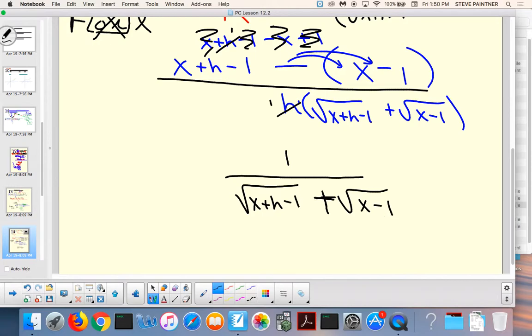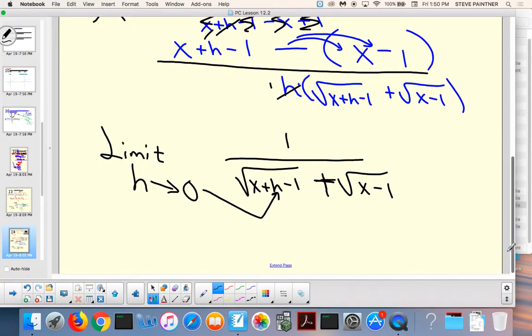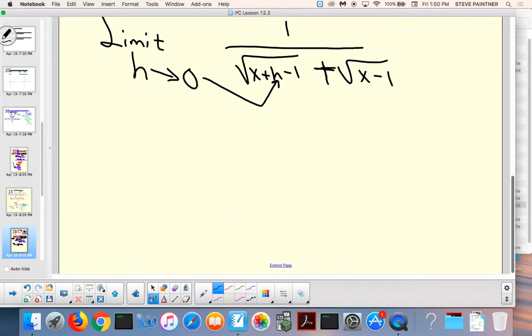Okay. There's nothing more to do other than take the limit. The whole problem is about the limit. As h approaches 0, what's the limit? Try your direct substitution, because this will take you to the answer. If you throw 0 in, isn't this just going to become root x minus 1 plus root x minus 1?